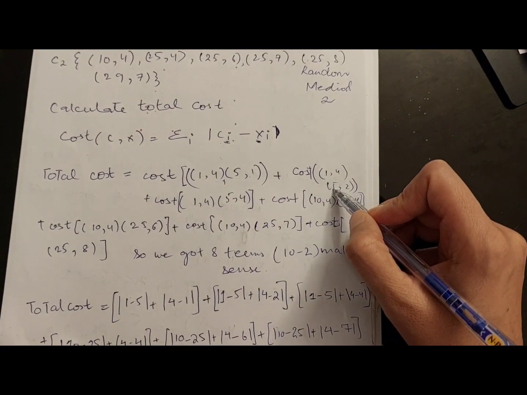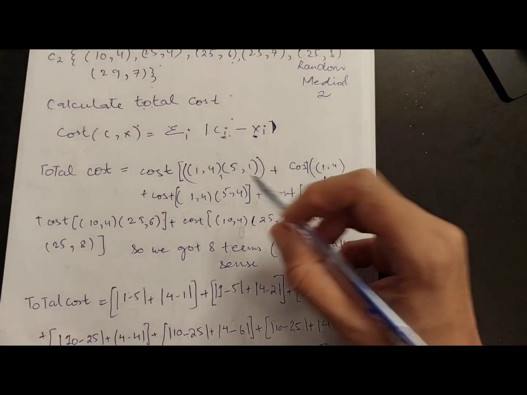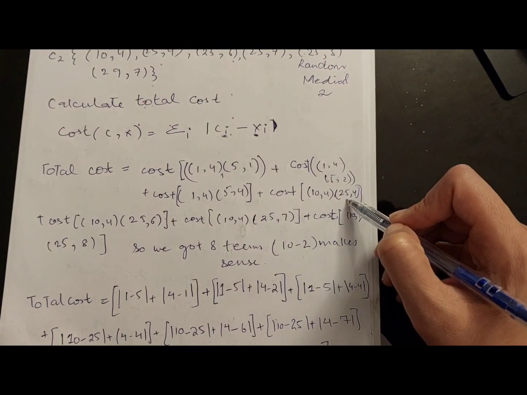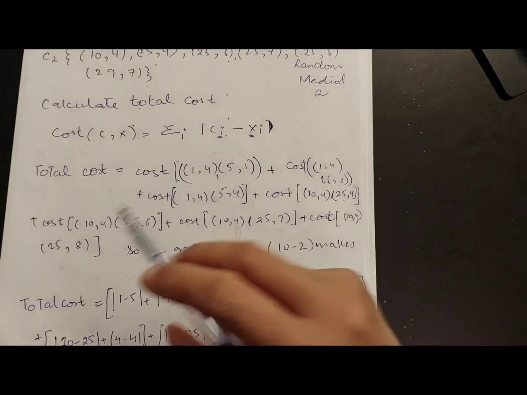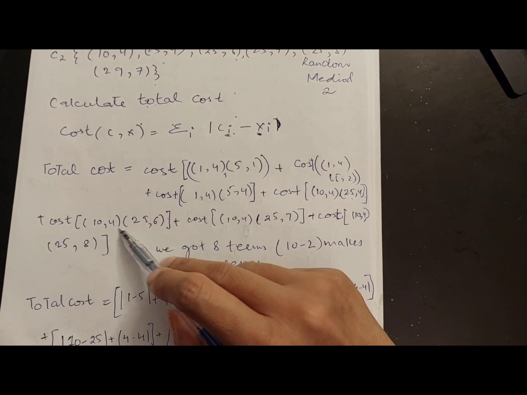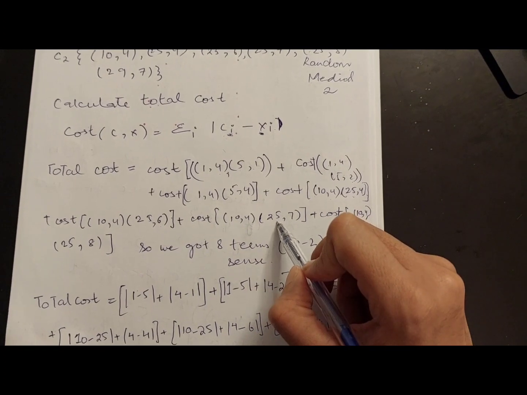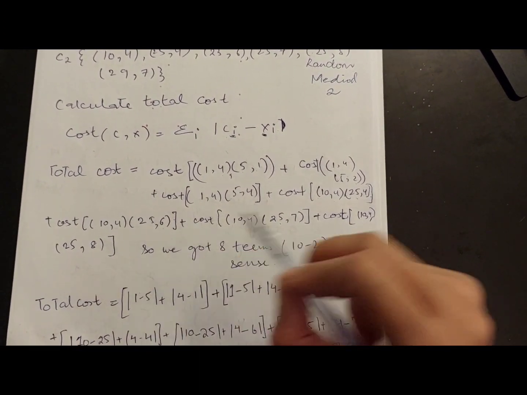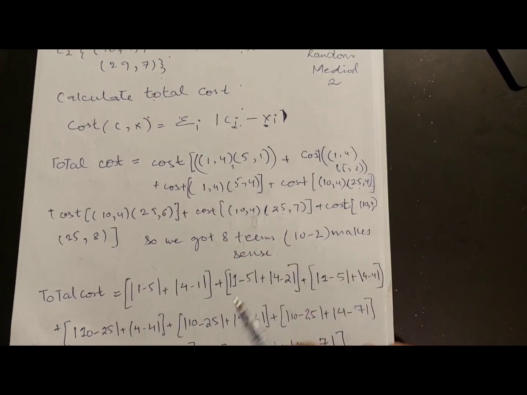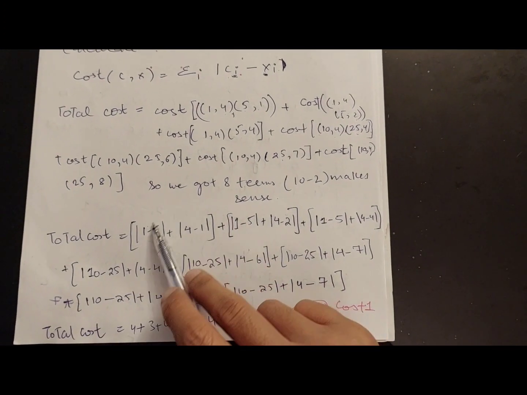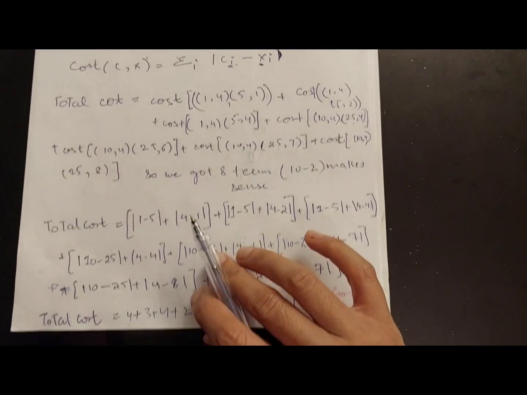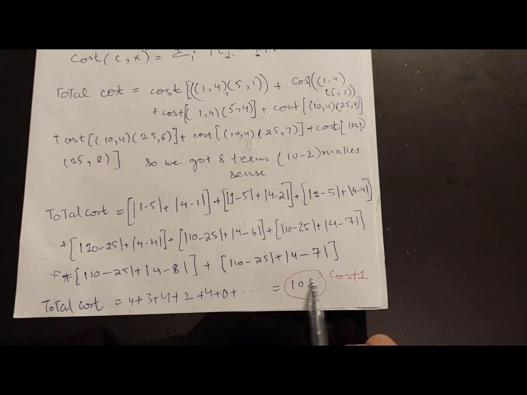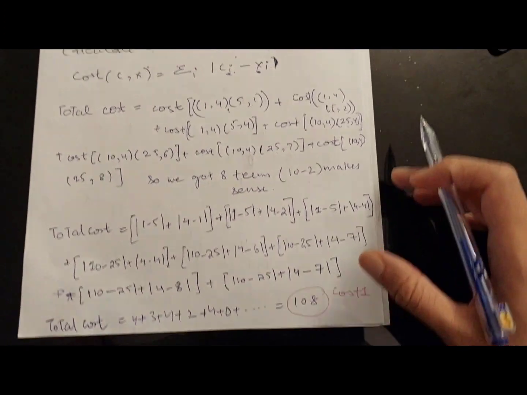Similarly 1 minus 5 plus 4 minus 2, 1 minus 5 plus 4 minus 4, 10 minus 25 plus 4 minus 4, 10 minus 25 plus 4 minus 6, 10 minus 25 plus 4 minus 7, 10 minus 25 plus 4 minus 8. All these distances will add up and make your total cost. The total cost is coming out to be 108. So this is your cost number 1.